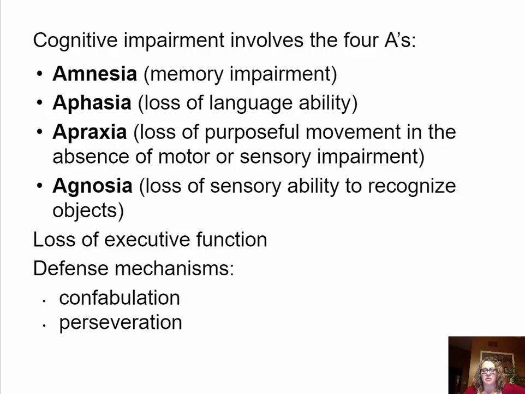Apraxia, which is the loss of purposeful movement in the absence of sensory or motor impairment. And agnosia, which is the loss of sensory ability to recognize objects. These patients also develop loss of executive function, which means that they have an impaired ability to plan and organize, and their abstract thought is impaired.